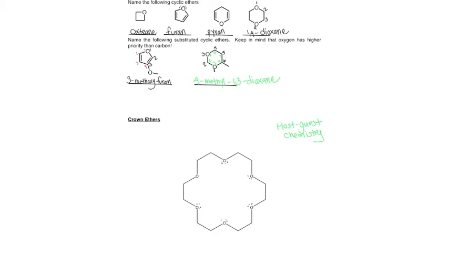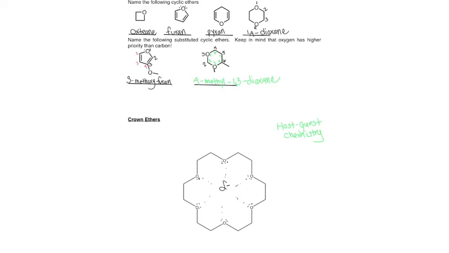And it will attract something with a positive charge. So it has a kind of a delta minus going in here. So if you have something nearby with a positive charge, it will actually make it into the cavity. So it's even used sometimes to extract cations. I actually use these extensively in my PhD to take advantage of its host-guest properties to make some kind of interesting shapes. I'll show you one on the next slide because its chemistry is still very widely studied.